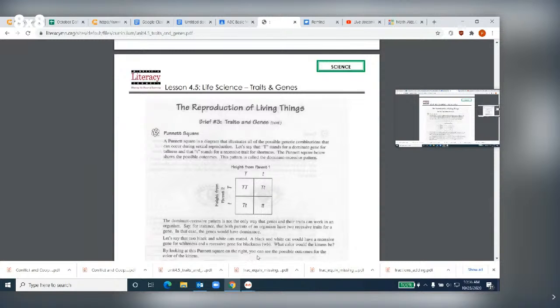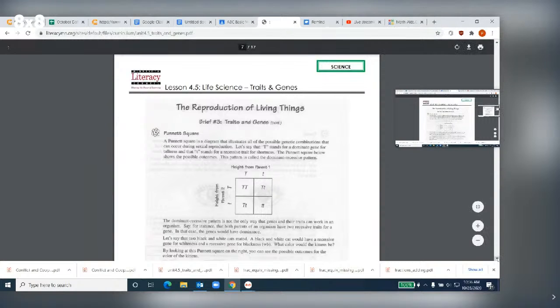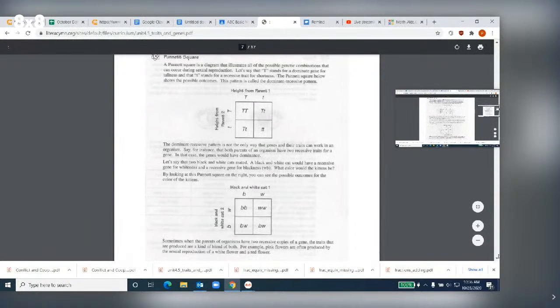So looking at the Punnett square on the right, you can see the possible outcomes of the color of kittens. So you're going to have a possibility of 3 black, BB, and 1 white, the WW.